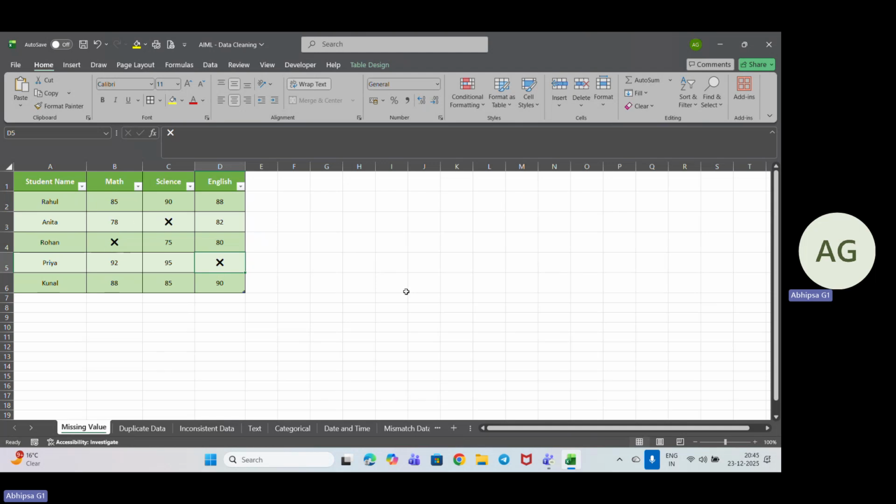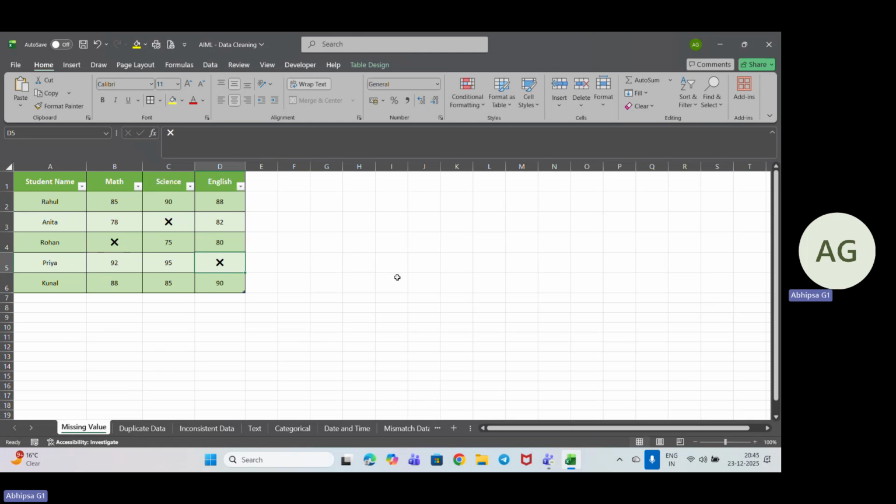So here we need to find the missing data for Anita's science marks, Rohan's math marks, and Priya's English marks. Why would this missing data be a problem? Of course, that needs to be understood, right?